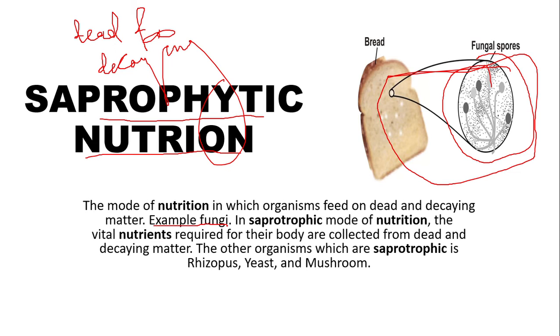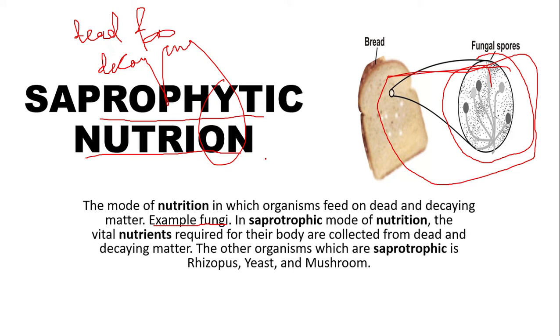This is an example of saprophytic nutrition. And you might see mushrooms, these umbrella-like structures growing near the plants. You might have observed it, and you might have also observed it in spoiled food like curries.